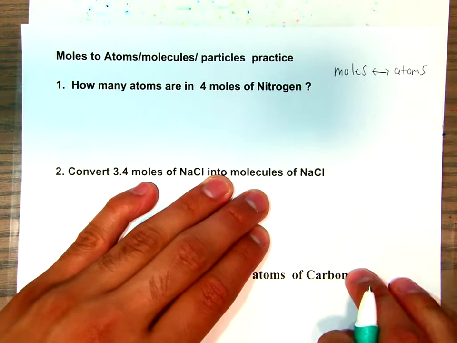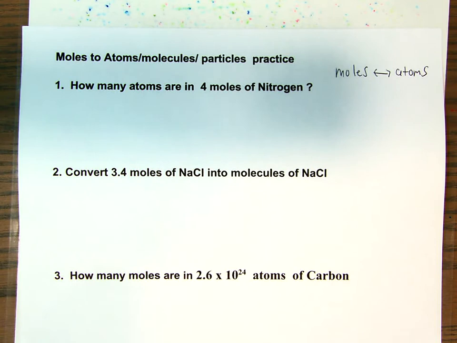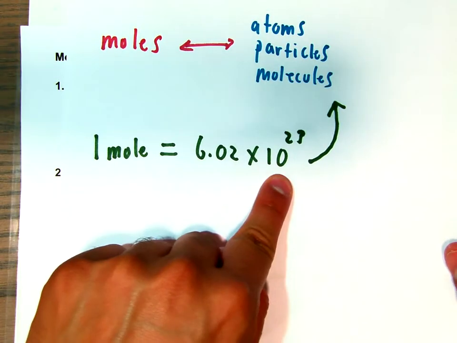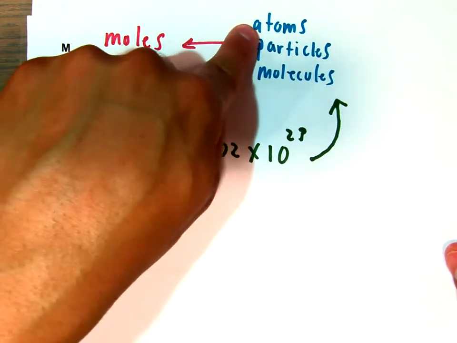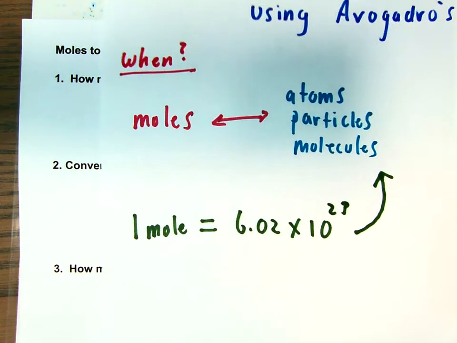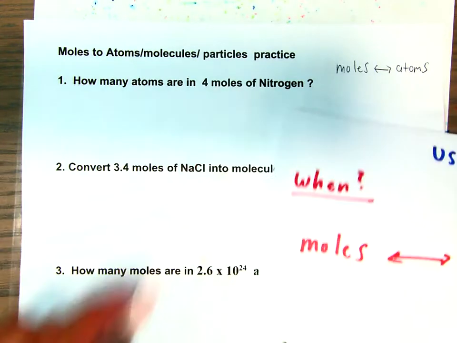My equivalent I already know, because I already set that up, right? I know that 1 mole equals 6.02 times 10 to the 23 atoms. That's going to stay the same. The only difference is there would be 1 mole of nitrogen, because that's what I'm talking about.